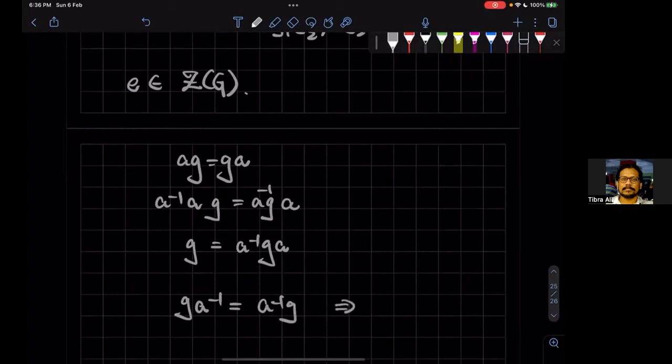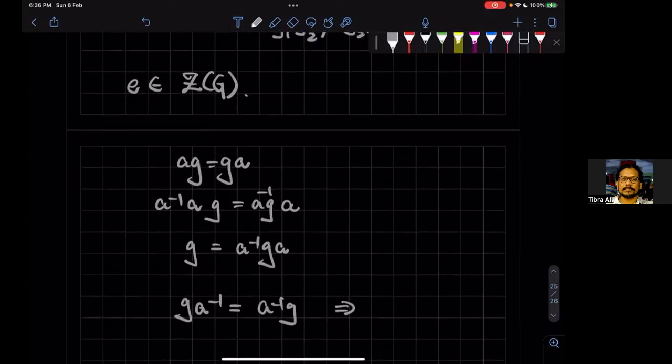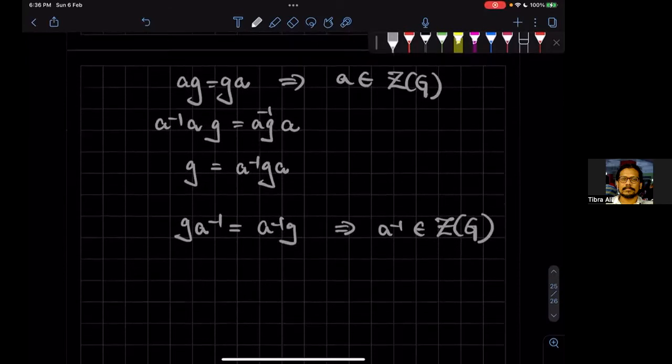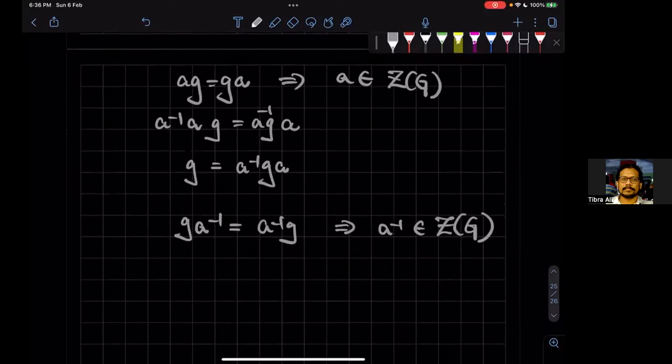So this means that if A is in the center, then A inverse is also in the center. So we have closure, right? And you can show the rest. And therefore we see that Z(G) is a subgroup. And because every element here is commutative, it's an abelian subgroup, and therefore it's a normal subgroup.